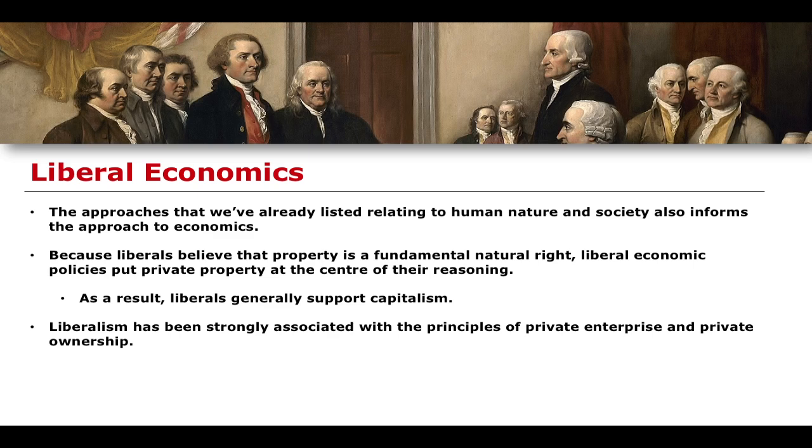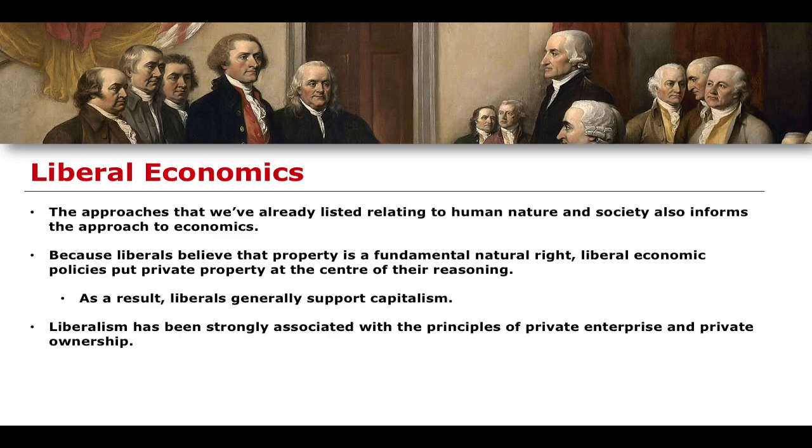When it comes to economics, the approaches that we've already listed relating to things like human nature, and by extension things like society, these two ideas very much closely inform the approaches that can be had in relation to economics and to the economy. Because essentially liberals believe that property is a fundamental natural right, liberal economic policies, as a result of that, will place front and centre the idea of private property and ownership of private property in their reasoning.